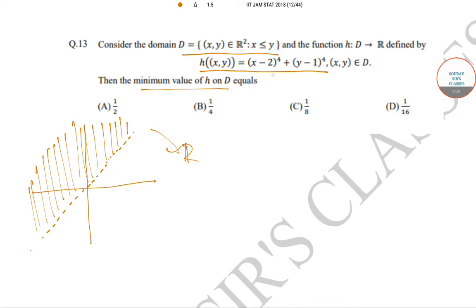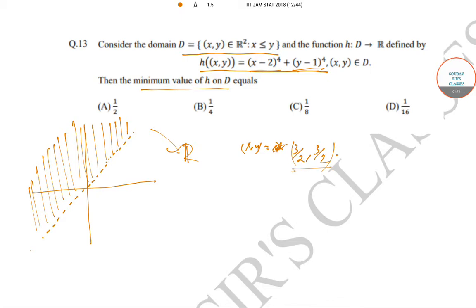Now since it is (x minus 2) to the power 4 plus (y minus 1) to the power 4, in some sense we should think about what the midpoint of these two would be, where this fourth power would be equal to this fourth power. Such a point, I claim, is (x, y) equal to (3/2, 3/2).